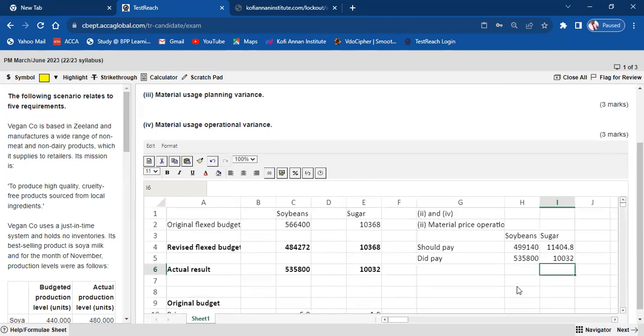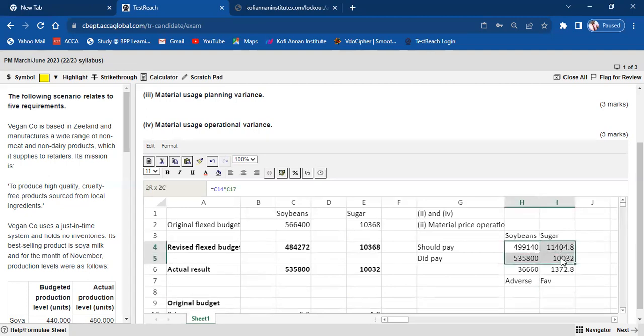So let me score 3 marks. Material price, operational variance for soybeans, bigger minus smaller. We spent more, so that's adverse. For sugar, bigger minus smaller. We spent less, so that's favorable.